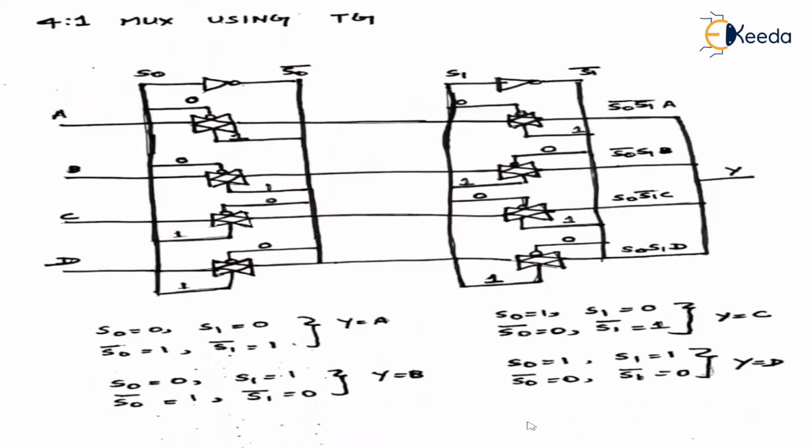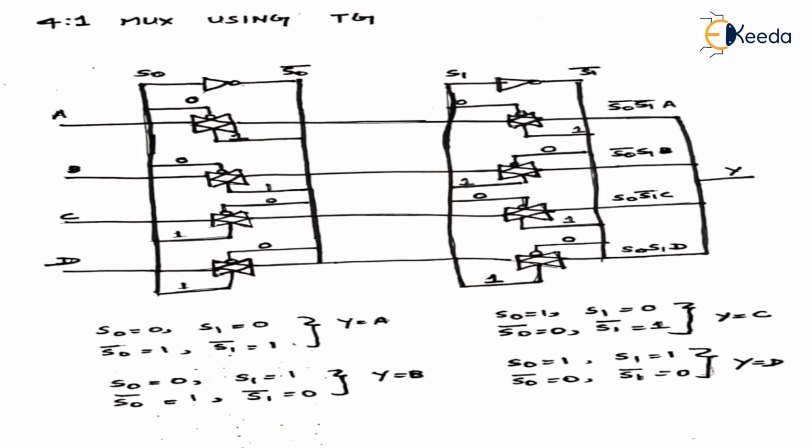So now we are going to implement the 4:1 multiplexer using transmission gates. Don't panic with this circuit. This is so easy. What have I drawn? A transmission gate. I can draw the transmission gate in this manner also. Now, we usually want S0, S0 bar, S1, S1 bar.